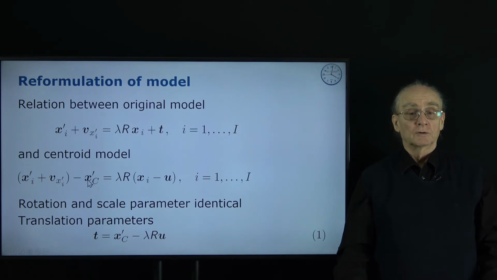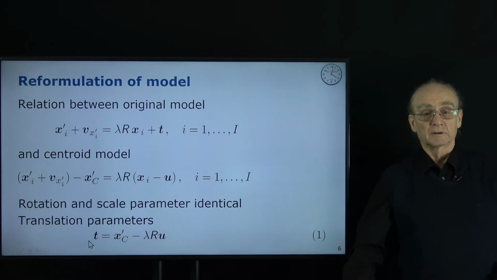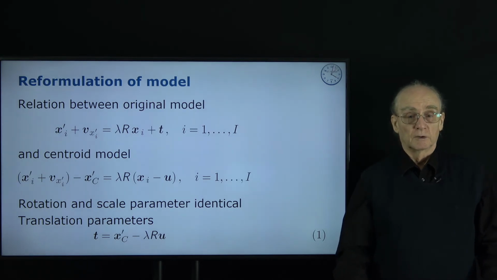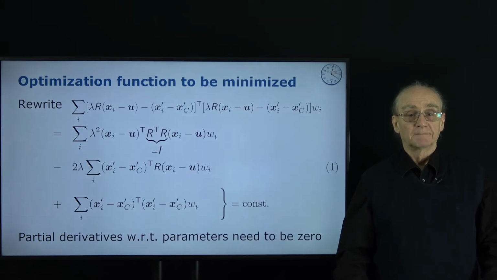And if you rewrite this, you immediately see that the translation vector here is nothing else than the centroid of the observed coordinates minus lambda R u. So as soon as you have u, lambda and R, you can derive the translation vector in the original given model. We will use this equation later to look at how this can be simplified.